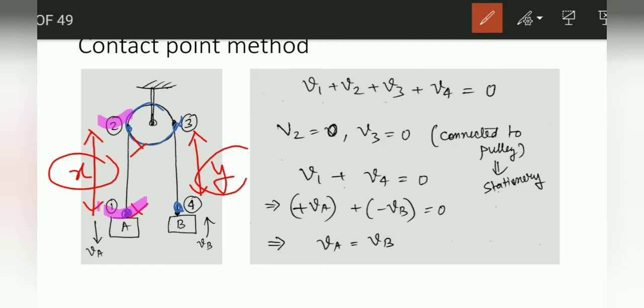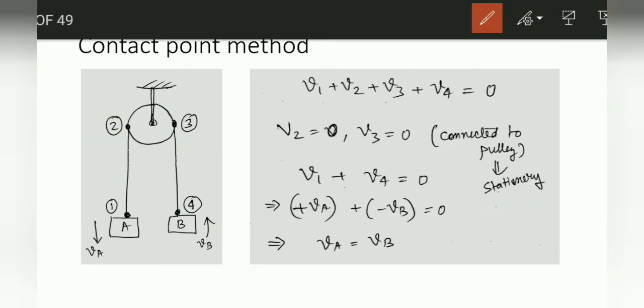Exactly what we are doing here is that we have 4 contact points, say v1, v2, v3 and v4. So we'll write v1 plus v2 plus v3 plus v4 is equal to 0, the velocities. Why? Because this is just another way to represent the constant length method.